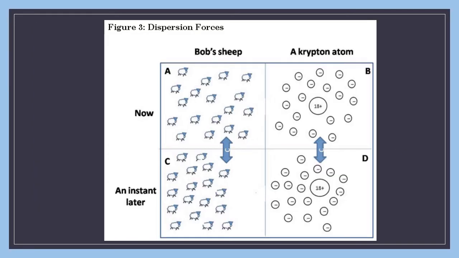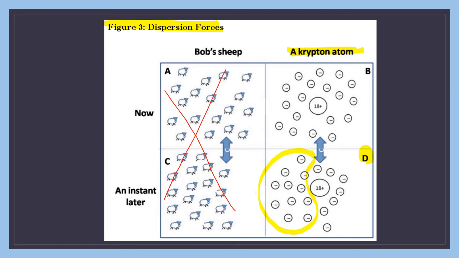And this picture was in your Google Doc. Not the left side, but the right side was about the krypton atom. And so this showed dispersion forces or van der Waals forces. What's going on here is we have a krypton atom, it's neutral, and then in part D, you can see all of the electrons are kind of over here for a brief second.